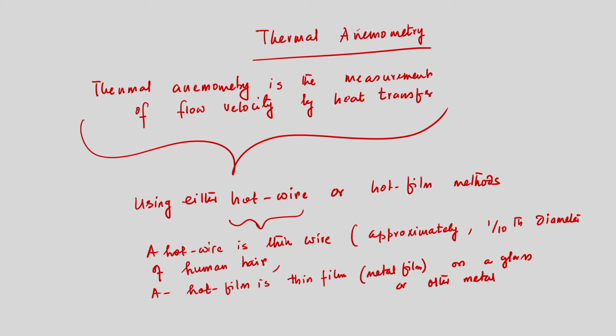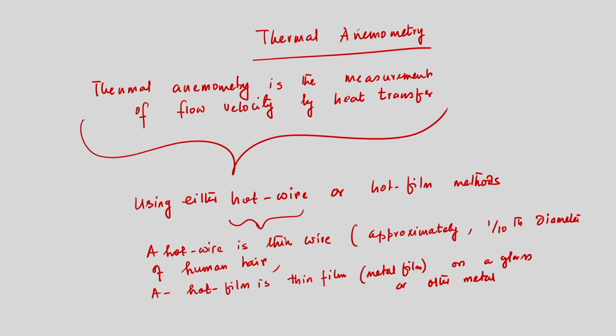Now, thermal anemometry is used to measure flow velocity using heat transfer, and to measure heat transfer we can use either hot wire or hot film methods.